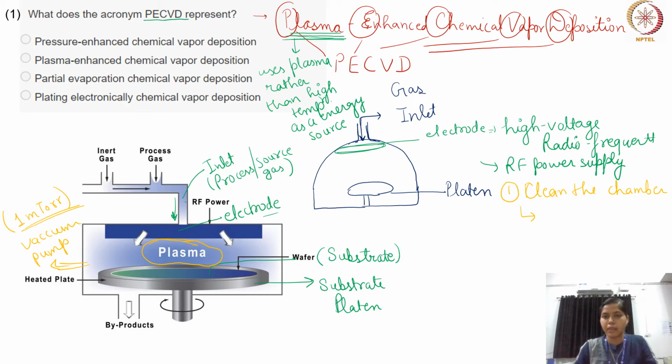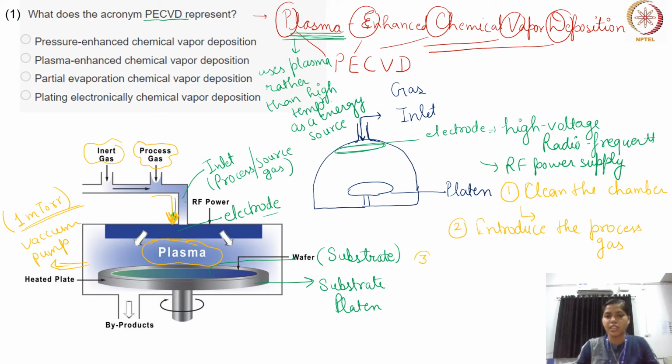Once this is completed, we will introduce the process gas through this inlet. In this process gas, we can also include an inert gas depending upon the material we want to deposit. So this gas will be different.